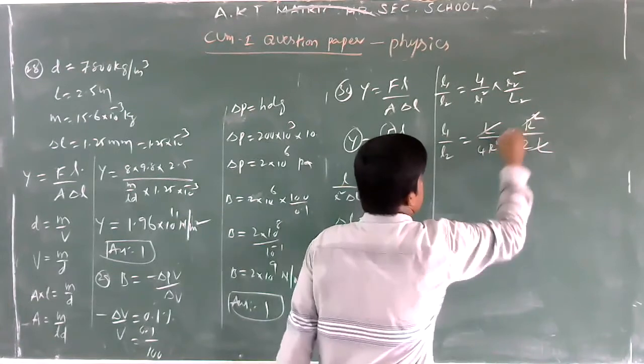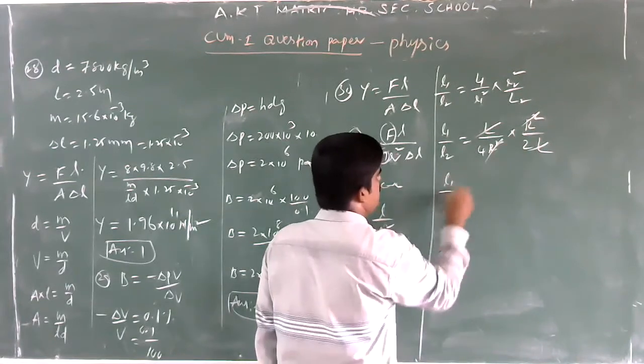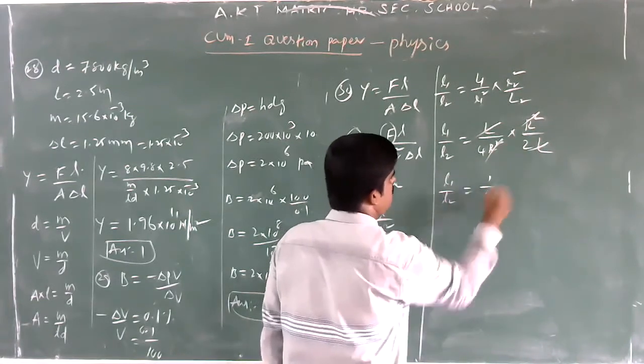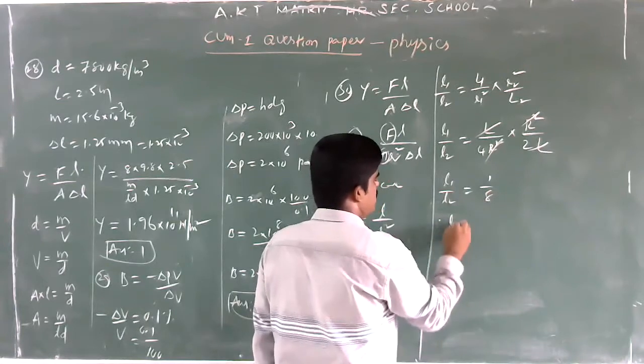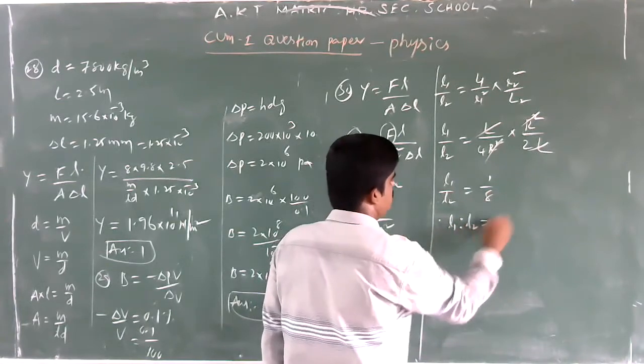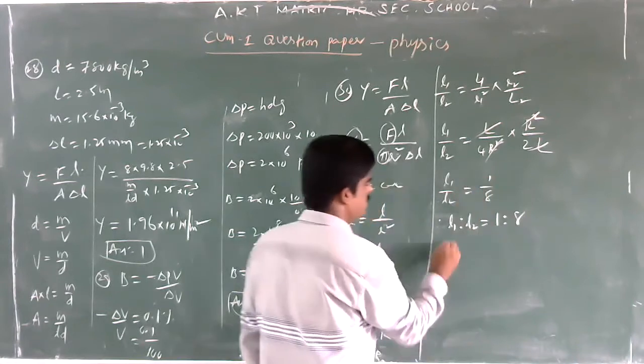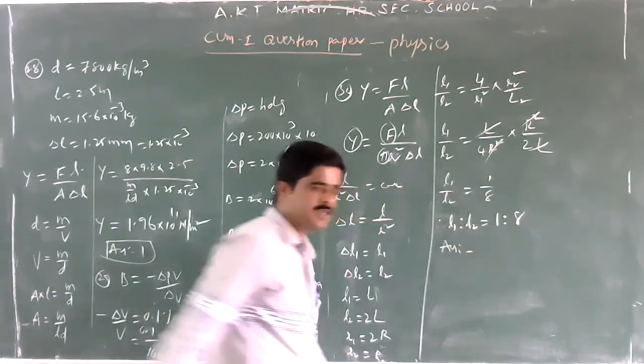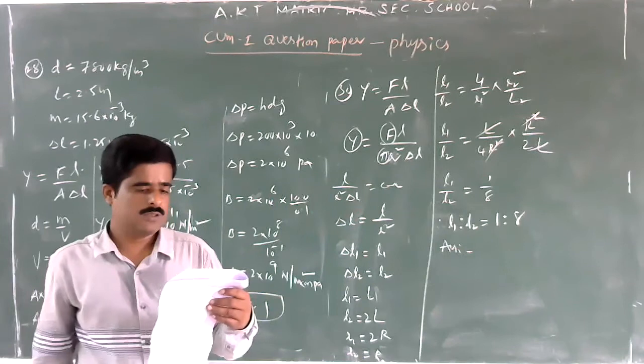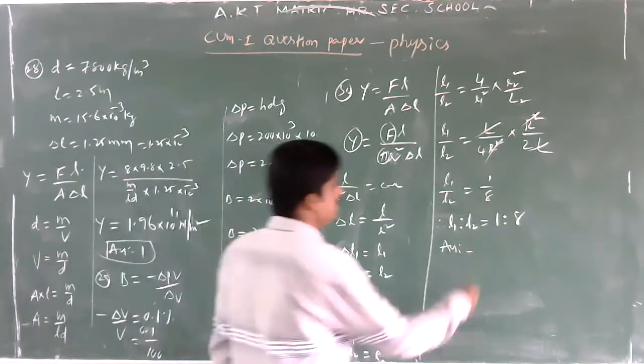L cancels, R square cancels. So l1 by l2 is equal to 1 by 8. The ratio l1 is to l2 is equal to 1 is to 8. So which option is correct for this question? The last option. The fourth option is correct.